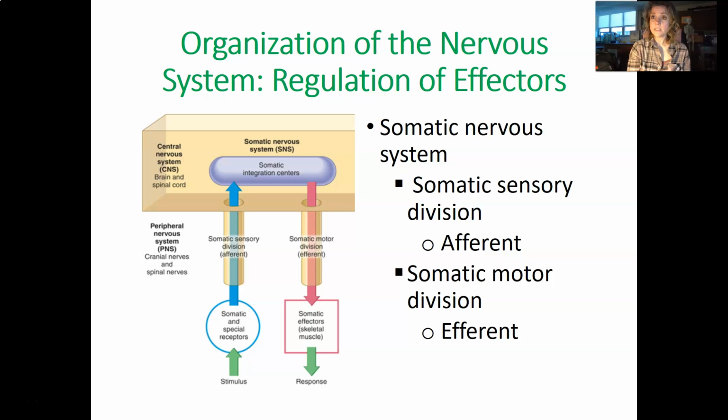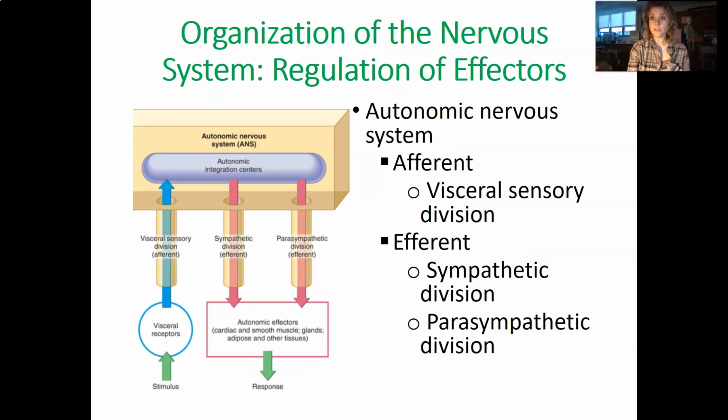And that is going to stimulate skeletal muscle to either contract or relax, and to make some kind of response to the stimulus that started the whole pathway in the first place. So the big takeaway from here is that the somatic division is going to control the effectors, which are skeletal muscles. So the somatic division controls skeletal muscles.